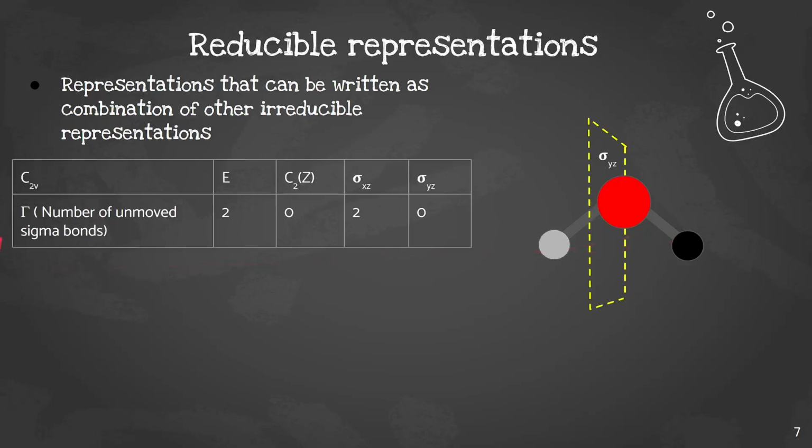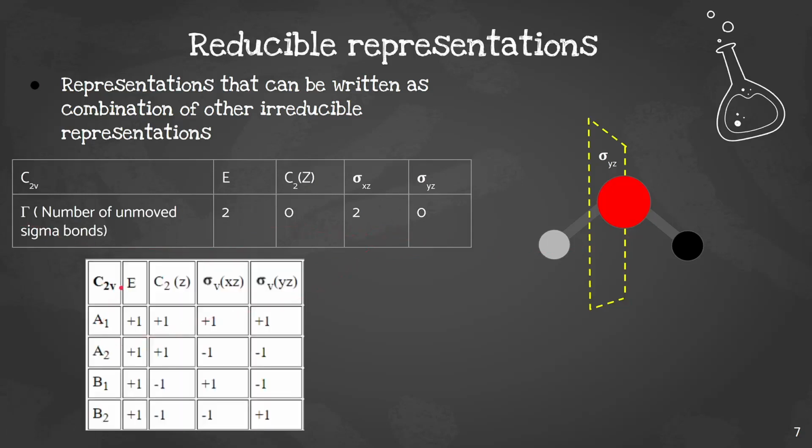So the representation will be something like this: 2, 0, 2, 0. Now, if we check the character table of C2v, it will show that there is no such irreducible representation that looks like this. So this is a reducible representation, and it can be written as a combination of two or more irreducible representations. In this situation, tau will be A1 plus B1.